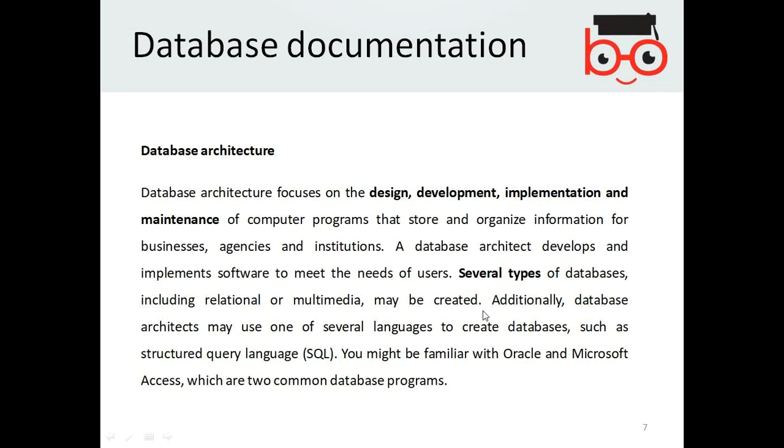So mind you, it's not only the relational database when you look at the architecture in tables. A database can be multimedia, an object-oriented database, or a network database. So the structures can be different.